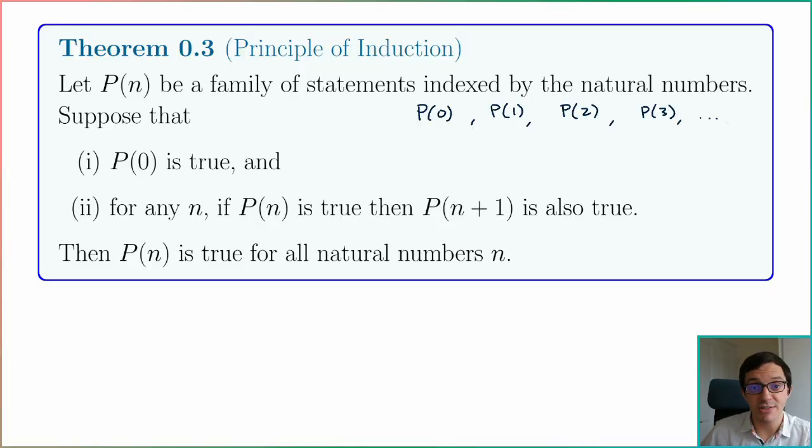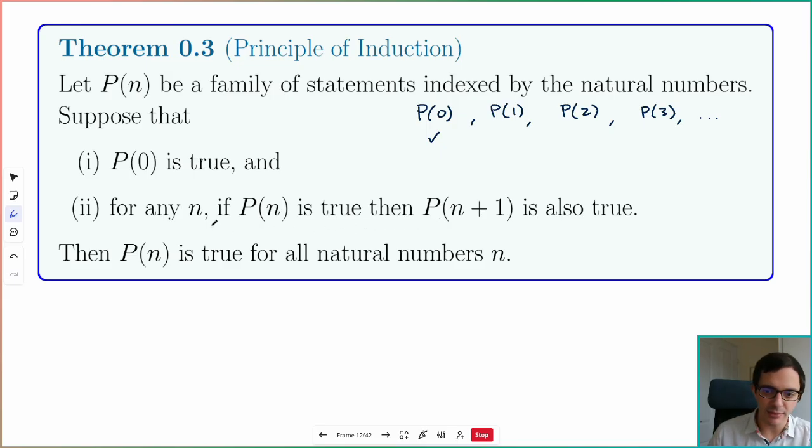And then the principle of induction says, suppose that P0 is true, and suppose that for any n, if Pn is true, then Pn plus 1 is also true. And I mean here any n in the natural numbers, so for any n that could be 0 or 1 or 2, and so on.